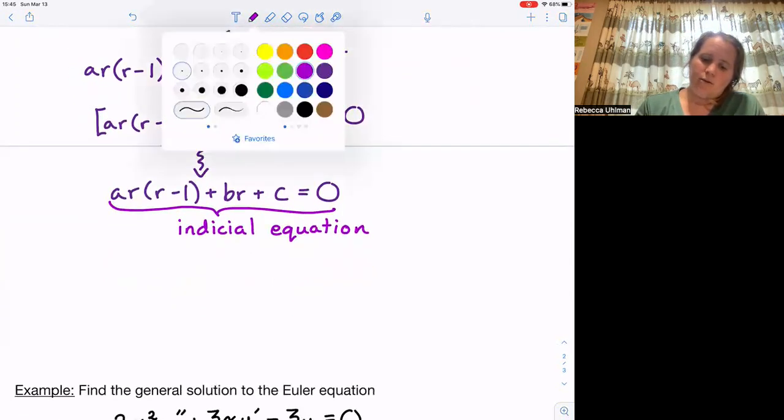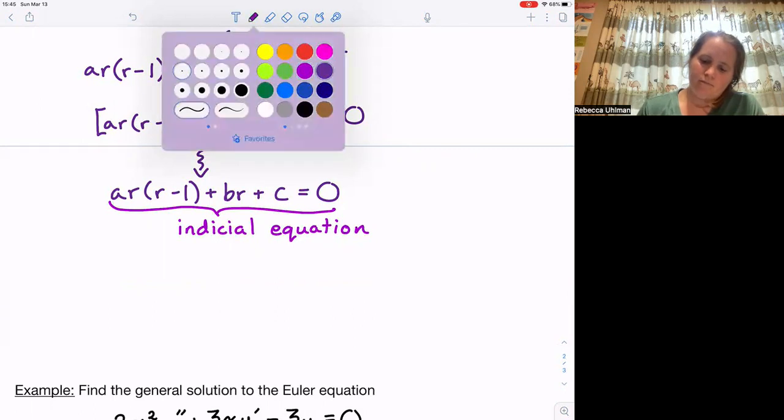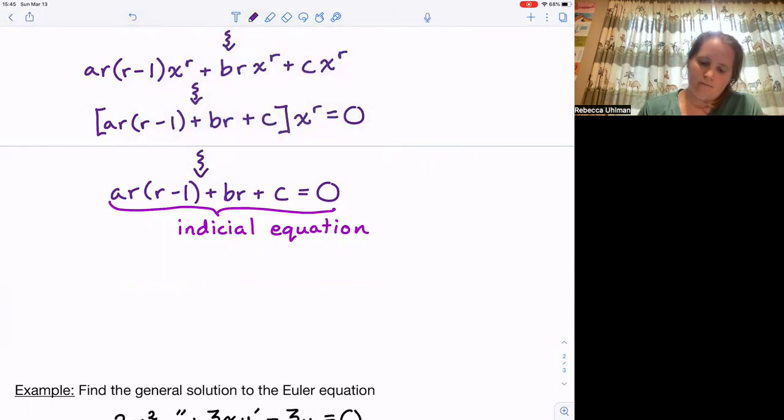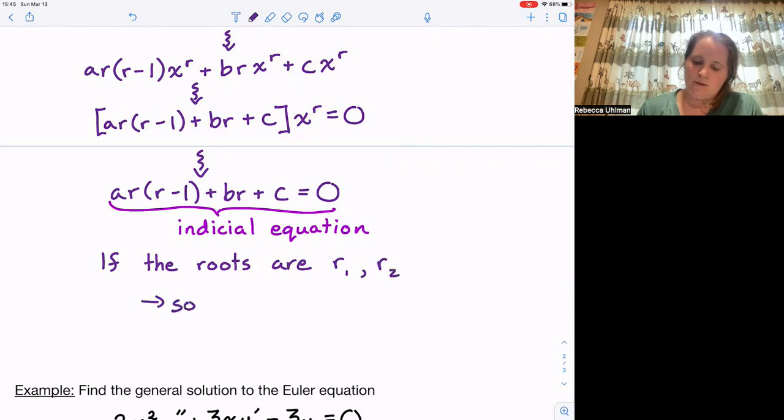If we find the roots of this equation, so if the roots are r1 and r2, then we get solutions y1 equals x to the r1 and y2 is x to the r2.